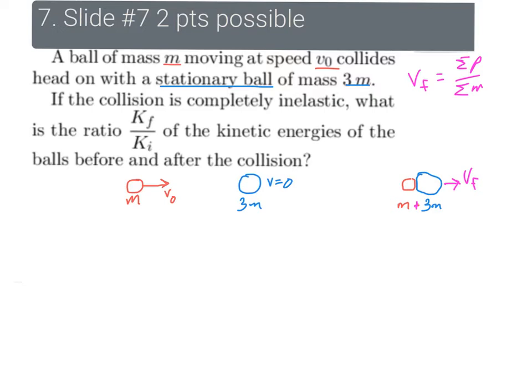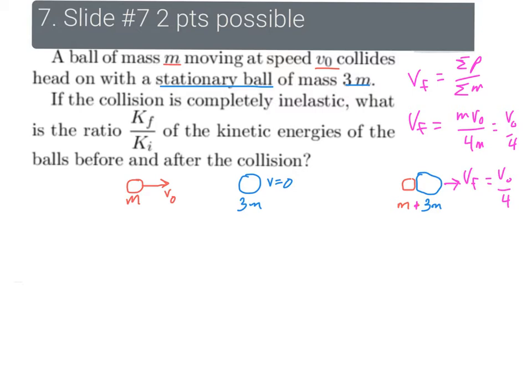So what that's going to come out to is Vf will equal mv0 divided by the total mass of the system, which would be m plus 3m, so a total of 4m. We can see really quickly that that's going to reduce to just the original velocity over 4. So Vf here is equal to the original velocity over 4. So it slows down to 1/4 the original velocity.